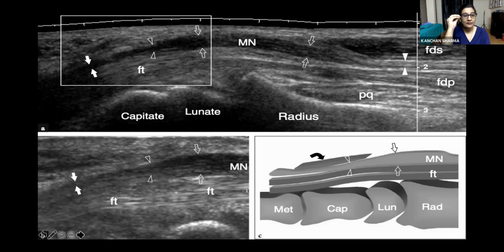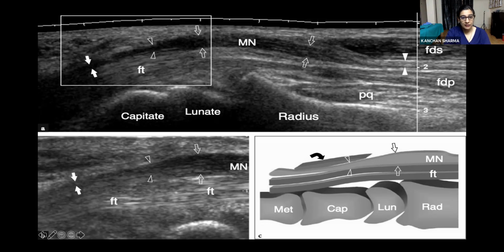Whenever you have an entrapment, again I'm repeating, proximal dilatation of the nerve will be there. Inside the entrapment site, the nerve will be compressed, the whole of the fascicles will be just compressed, and beneath that it will be just bulging. This is what you are able to see here. This sign we call in ultrasound the knot sign.